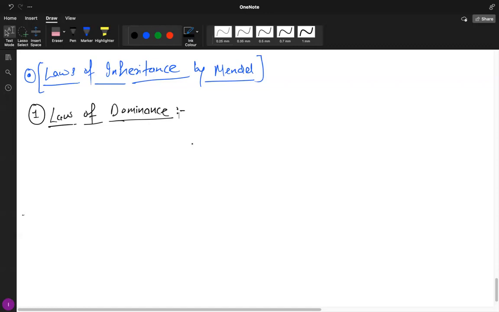Full stop. Such an allele is called a dominant allele.